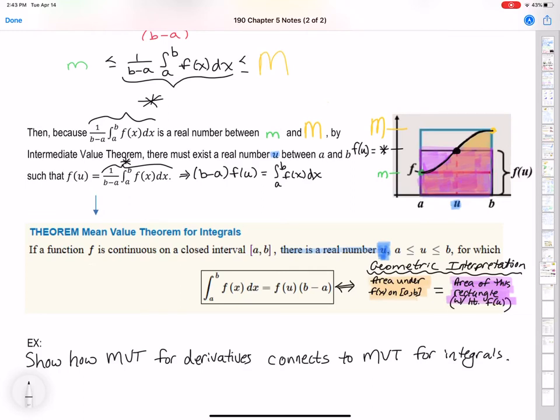So that's our geometric interpretation: there has to exist some value u in this interval from a to b such that the area of that resulting rectangle is equal to the actual area under the curve.